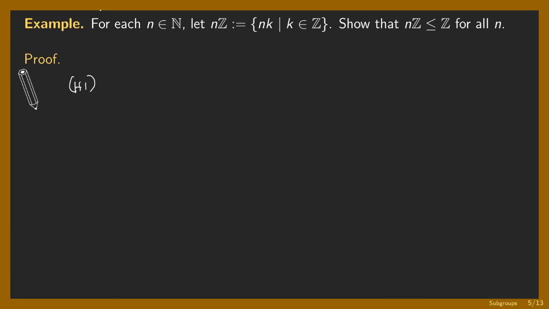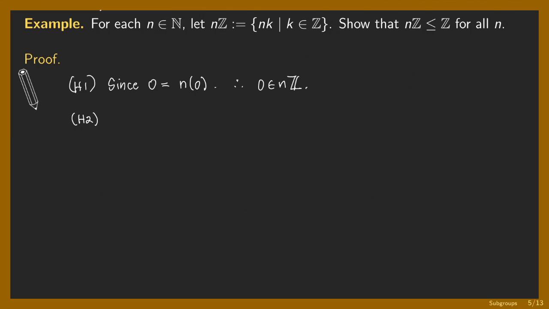The elements of nZ again are the multiples of n. So the question is, is 0 a multiple of n? Yes, because 0 can be written as n times 0, right? Therefore, we can say that 0 is in nZ. So axiom H1 is satisfied.